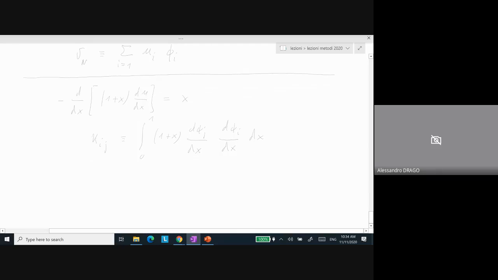And if you do by hand, what you discover is that in this case, this is no more diagonal. It's no more just a delta ij, okay? Because of course this 1 plus x mixes together elements. And so what happens is you have two cases.